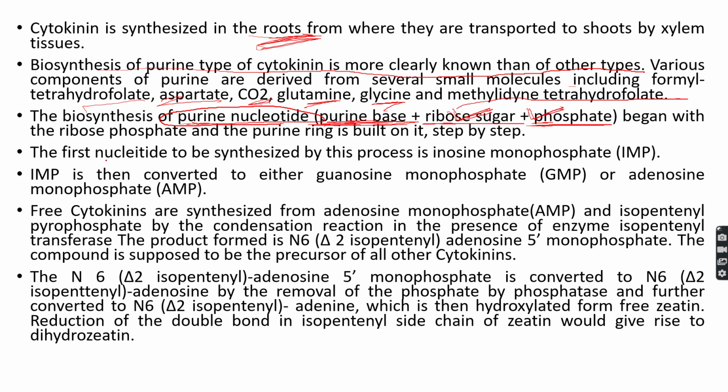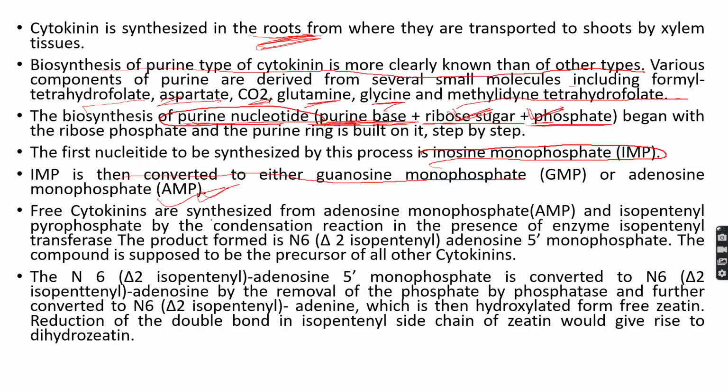In the first step, as we read in the previous slide, the first nucleotide to be synthesized is basically inosine monophosphate, which is forming your AMP. Okay, inosine monophosphate is converted to either guanosine monophosphate or your adenosine monophosphate.